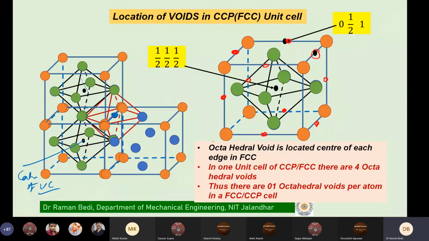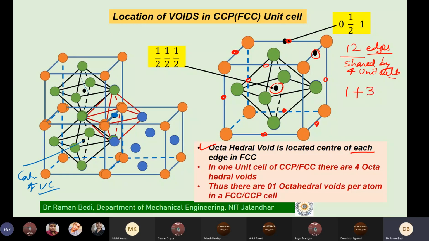And we can now see what is the number of these. So we see here that one of the voids is located at the center, and then one is located at each edge. So there's one here at the center, that is one, plus you have one located at each edge. There are 12 edges, and each edge is shared by 4 unit cells.